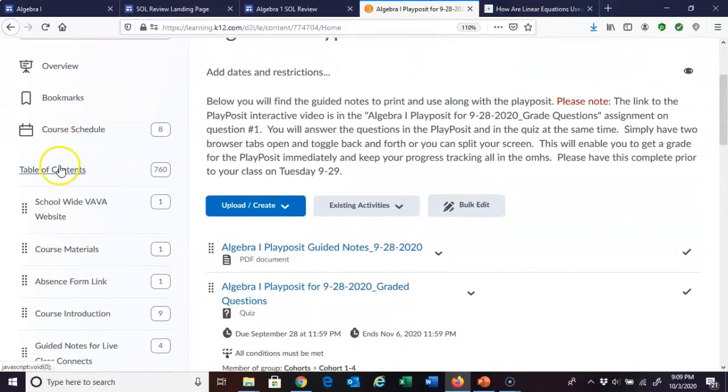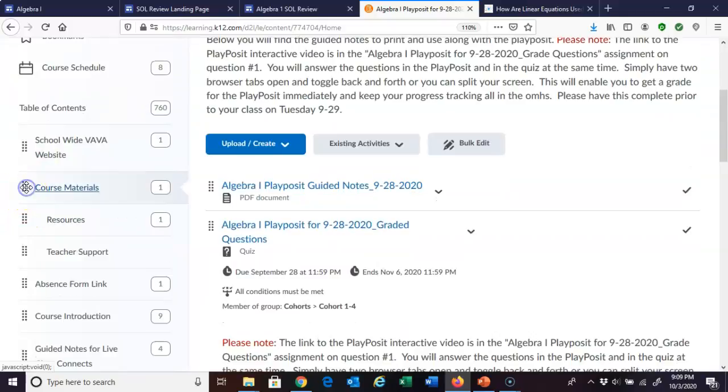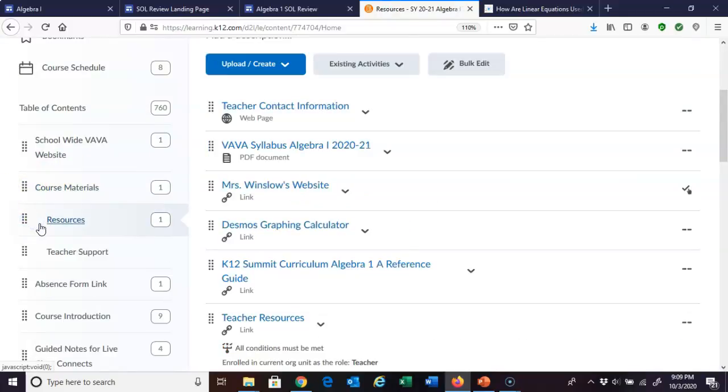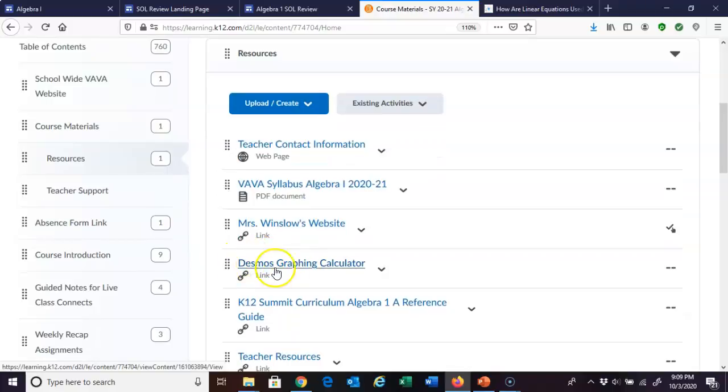And on the left-hand side, we're going to go to course materials. This is, again, just one way to find it. Here's the graphing calculator link. You can also just Google Desmos graphing calculator for Virginia, but I give you that link almost every class, so hopefully you guys have that.